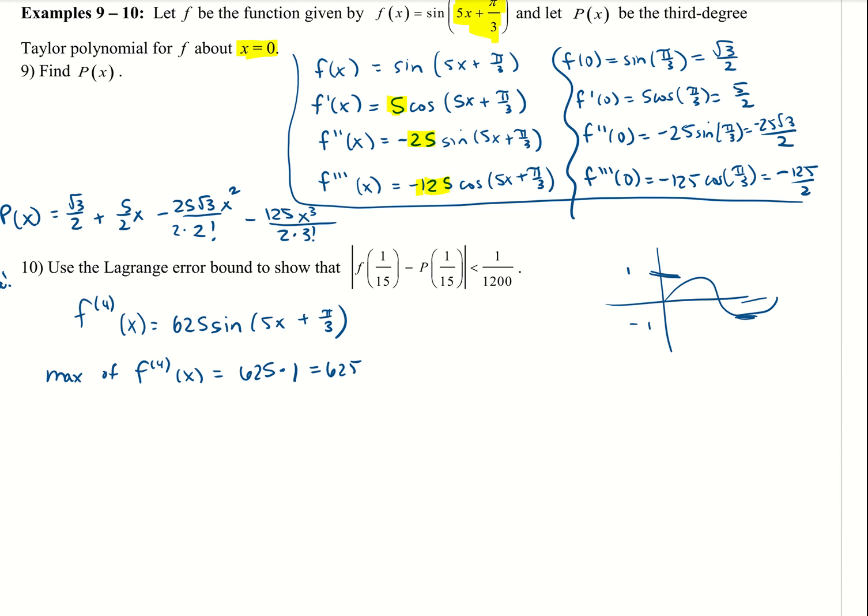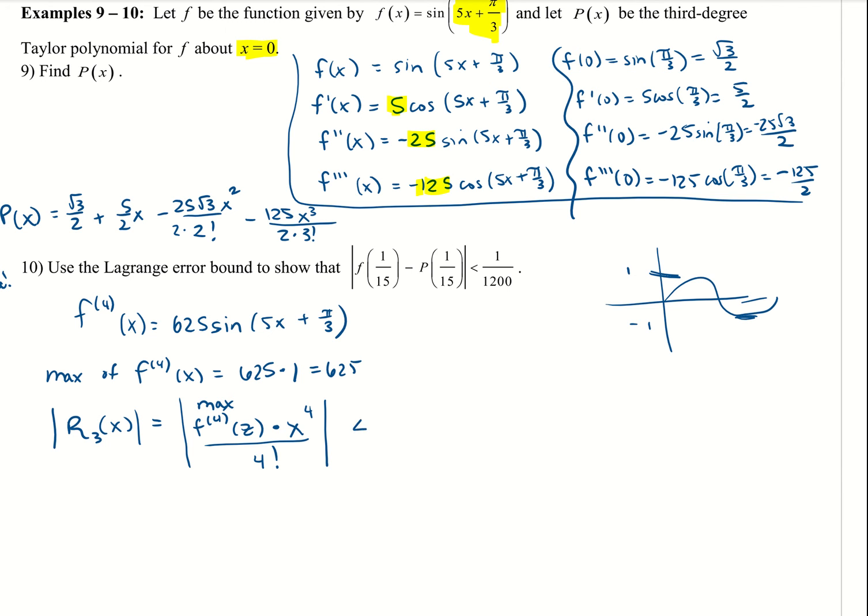And I'm going to use this to talk about my Lagrange error bound. So I'm going to say that the most that my remainder could be, which is my error, my remainder calculated after the third degree, and I'll do in terms of x first, would be found by doing the maximum of the fourth derivative evaluated at some point z times, now this time my center is 0, so this would just be x to the fourth, and then divided by the fourth factorial. I do want this to be positive, so I'm going to use this absolute value notation.